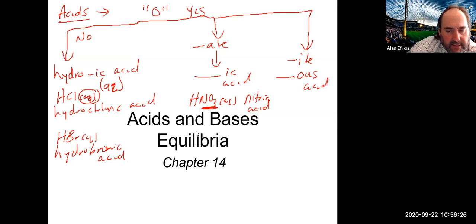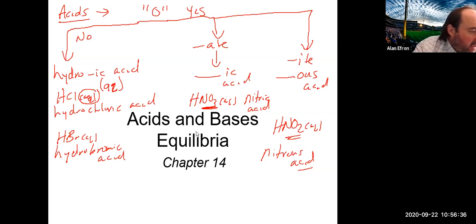If you take HNO2, NO2 is nitrite, so this becomes nitrous acid. That's something you should have learned in Chem 50, so you know how to properly name these and write their formulas. Questions on nomenclature here? Okay.